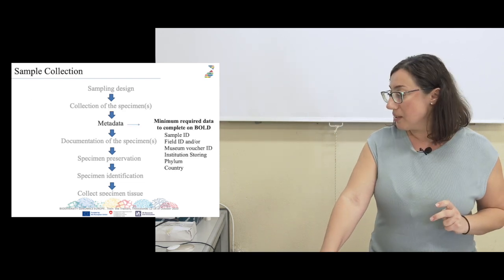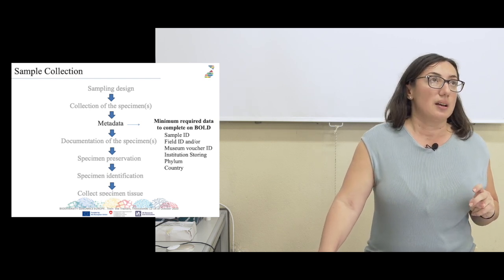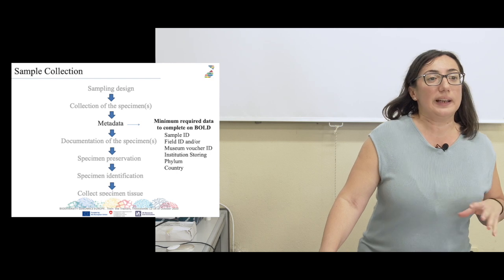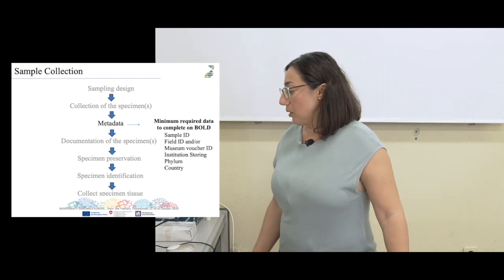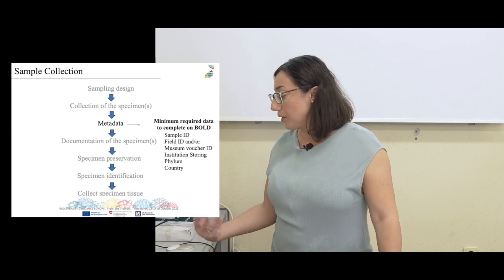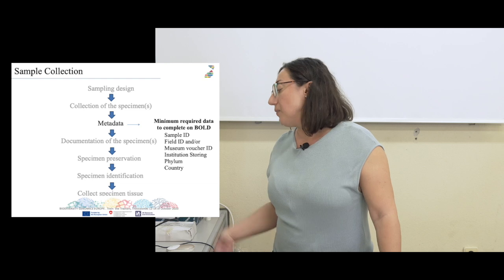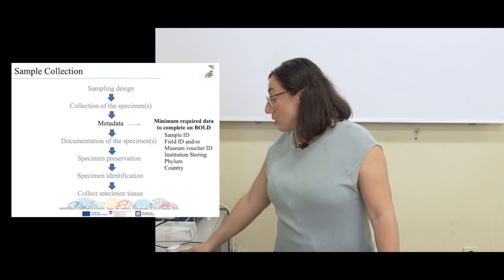Another thing you should take into account is all the info that should accompany the specimen, the metadata needed to fully, not identify, but characterize your sample. The minimum required data on BOLD is an ID, where you got the sample, the museum voucher if it's a museum specimen, the institution where the sample is stored, the taxonomy of the species and in which country you found it.